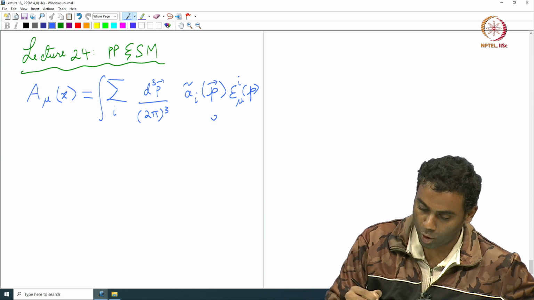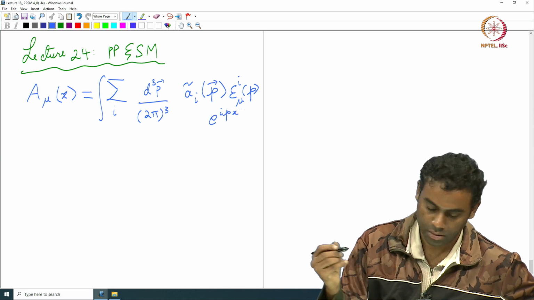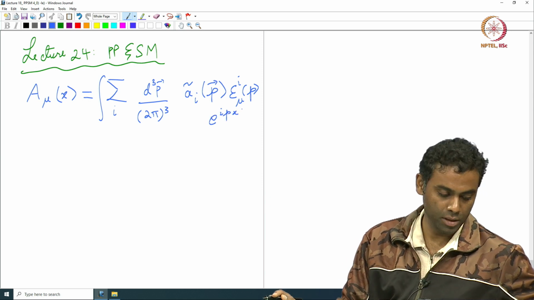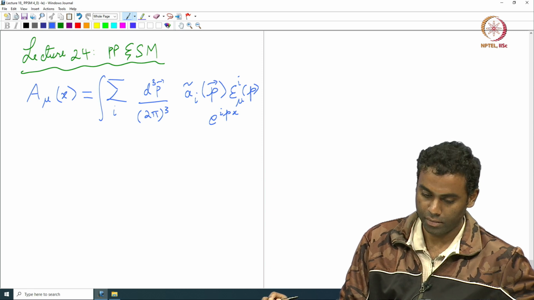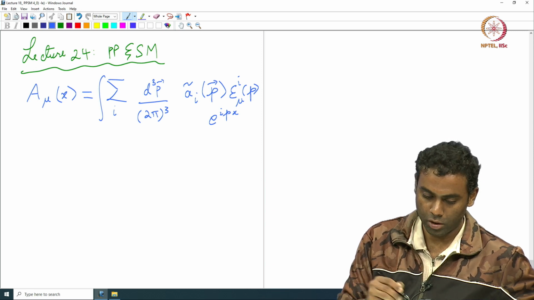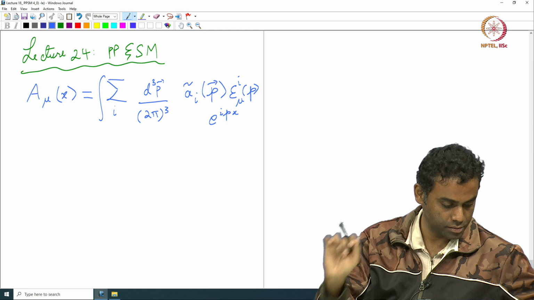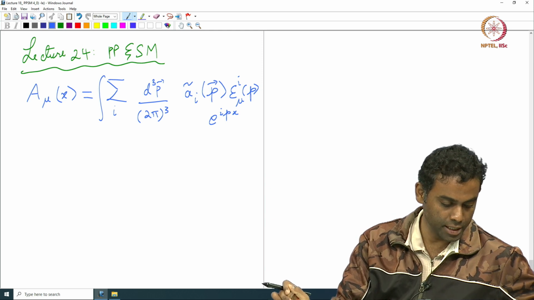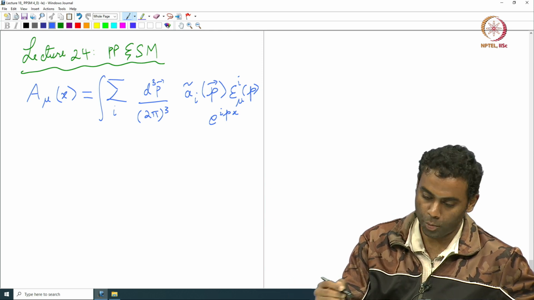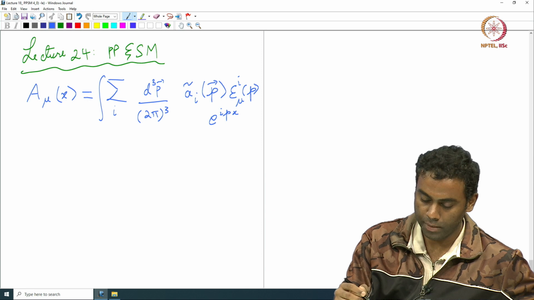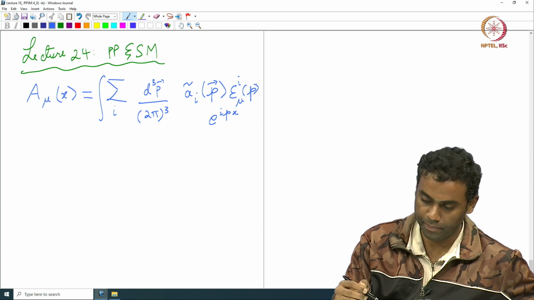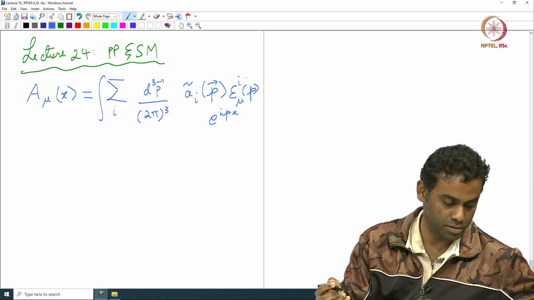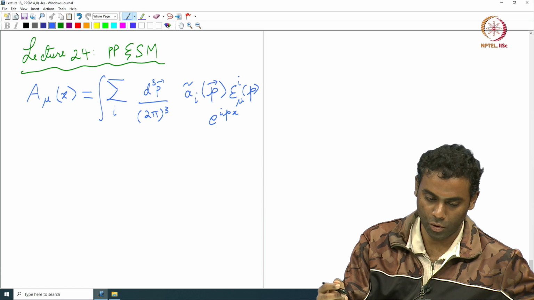And of course, this is a propagating degree of freedom. So, I have an e power IPX, alright. What is I? I basically takes care of the component index of the polarization vectors, okay.